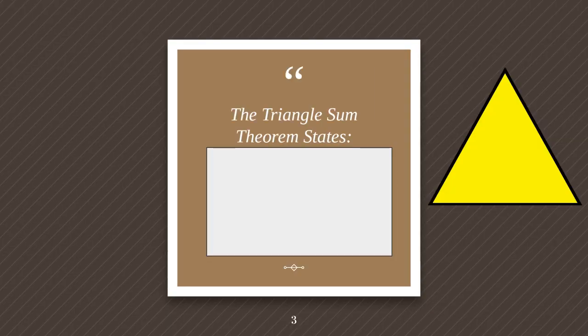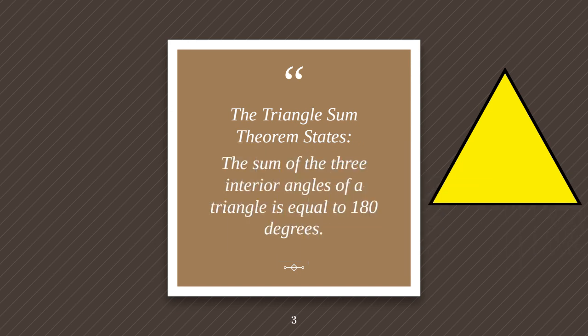Okay, so now we look at what the triangle sum theorem states. It states that the sum of the three interior angles of a triangle is equal to 180 degrees. So if I have a triangle and we have angle A, angle B, and angle C, these would be the interior angles of a triangle.